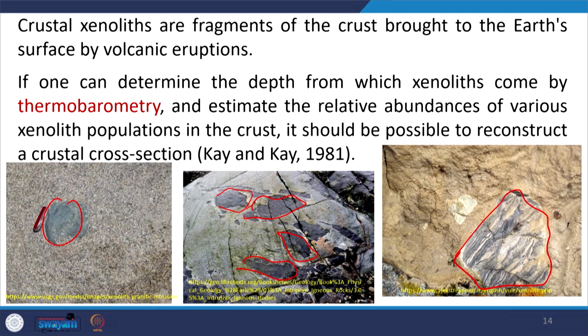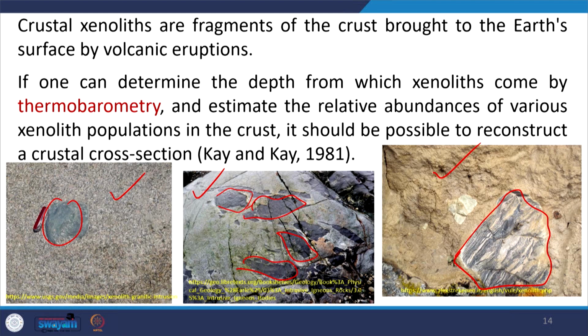They were once emplaced or formed at a deeper crustal level, and due to magmatic emplacement they come up as pieces. If one can determine the depth from which these xenoliths come by thermobarometry, that means one can estimate the relative abundance of various xenolith populations in the crust, and it would be possible to reconstruct a crustal cross section.